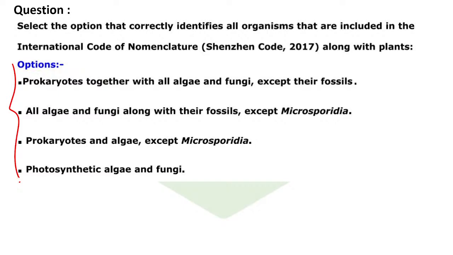Then, all algae and fungi along with their fossils except microsporidia. Then, prokaryotes and algae except microsporidia. Then, photosynthetic algae and fungi. So you need to find out which of the options are included in the International Code of Nomenclature along with the plants. Simple question. Try the question, everyone.